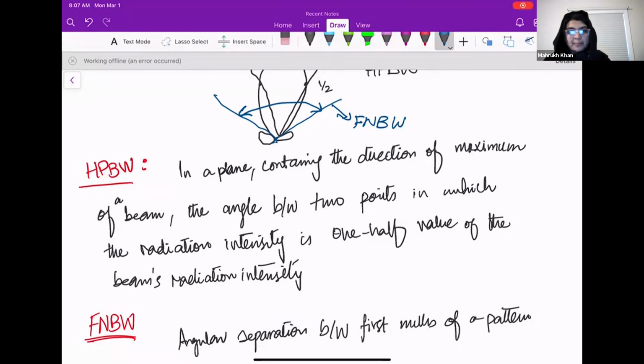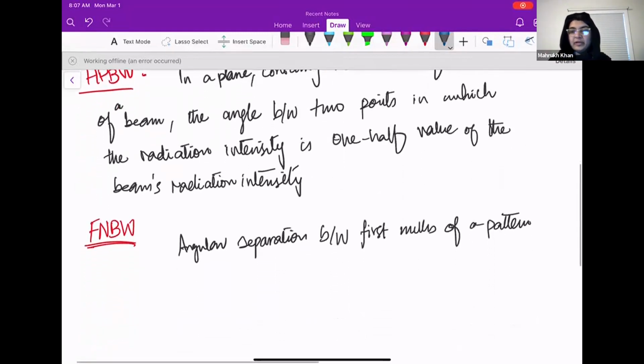So beam width is a parameter, right? But this parameter experiences a trade-off with another design parameter. What is it?